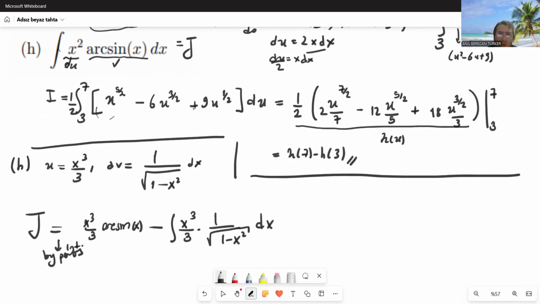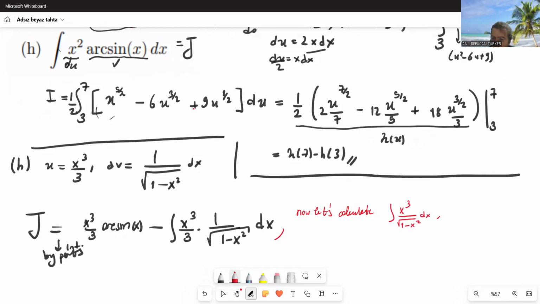So let me check, did I make a mistake or not? No, okay. So let me call again. So make some comma and calculate the integral of x cubed over square root of 1 minus x squared.